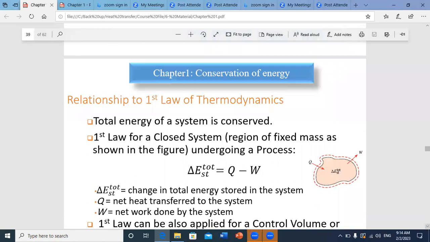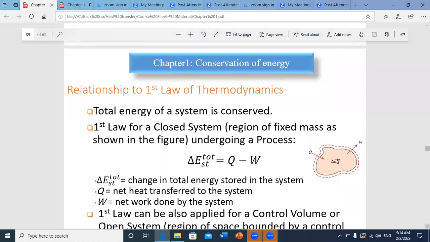Okay. Now, at this stage, we are ready to remember the first law of thermodynamics. Whenever we talk about the first law of thermodynamics, it's just equivalent to conservation of energy. When we treat a closed system, you consider a certain mass and you look at how this mass is exchanging energy with the external environment.